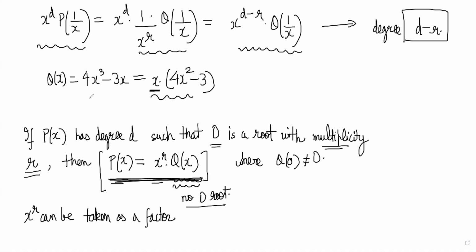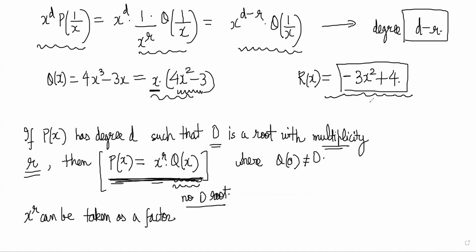So there was one root of q of x which is a 0 root. When you get the reciprocal polynomial, r of x was minus 3x square plus 4. So we took the reciprocal polynomial and the 0 root doesn't count. The degree of the reciprocal polynomial came out to be 2 because the original polynomial had degree 3 and the multiplicity of 0 was 1. So 3 minus 1 came out as 2, right?